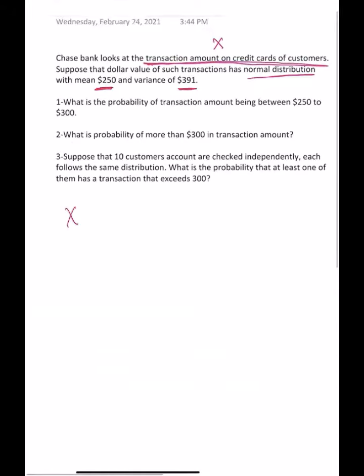So X has a normal distribution with average 250 and variance 391.